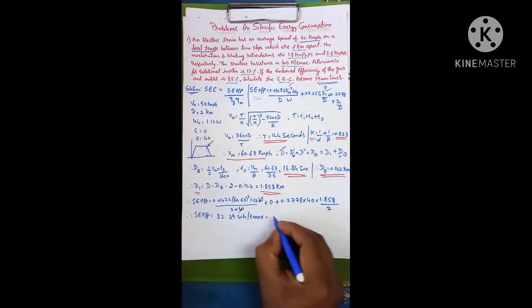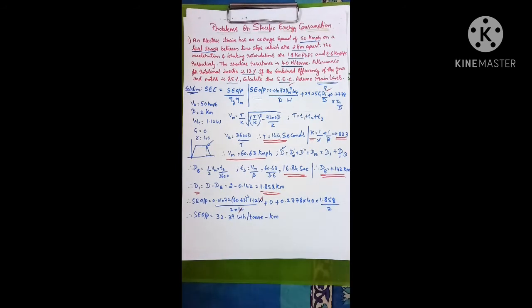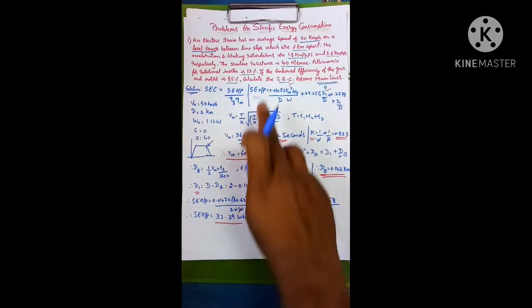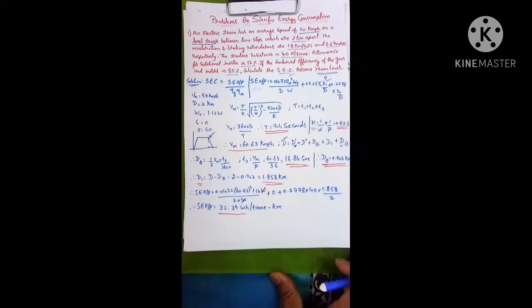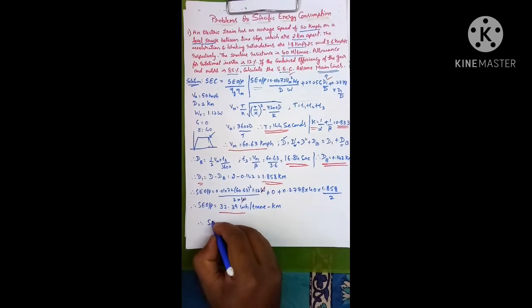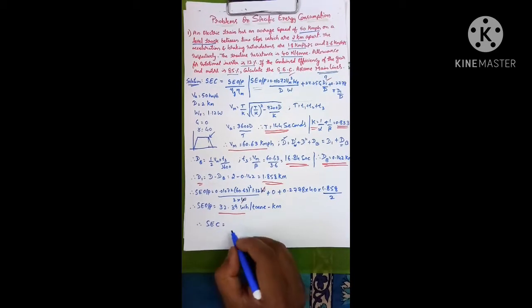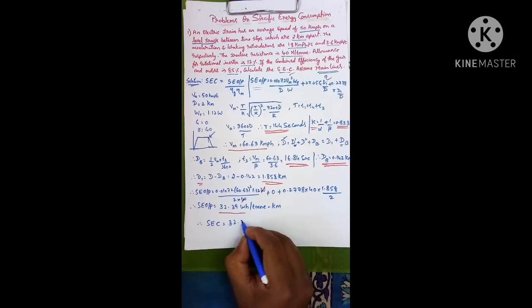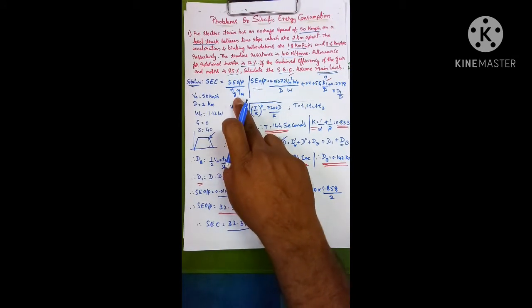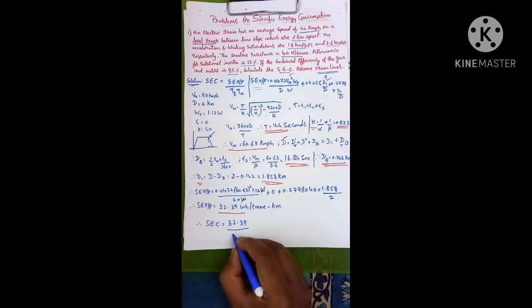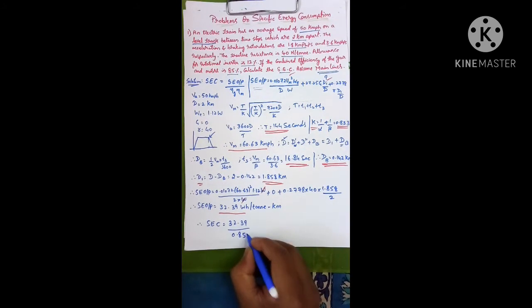So units are the most important thing, you need to mention it. So this is the answer for specific energy output. Now substitute this here and get specific energy consumption. Therefore specific energy consumption can be given as 32.39 whole divided by efficiency. The combined efficiency is 85%, that can be written as 0.85.